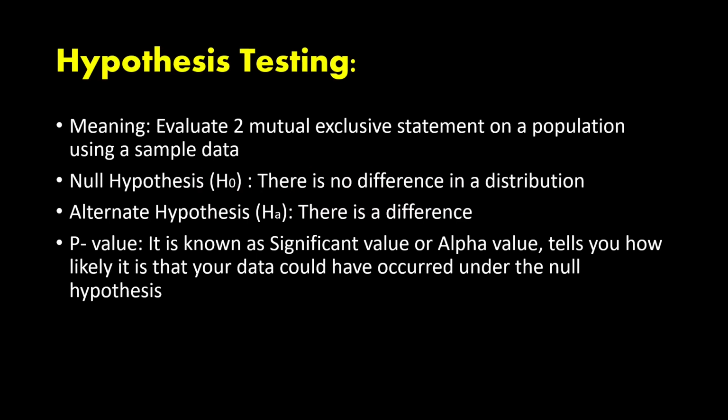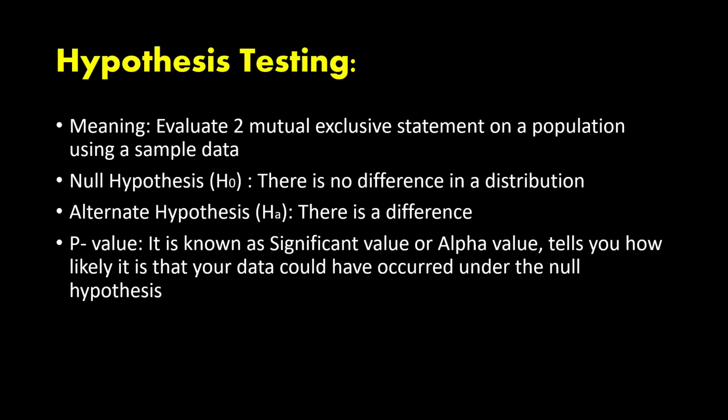Hypothesis testing means evaluating two mutually exclusive statements on a population using sample data. Here we have the null hypothesis and the alternate hypothesis, which we saw in the previous video. Once again, let me explain. The null hypothesis is the statement which says there is no difference in the distribution, or the existing statement which has already been proposed.